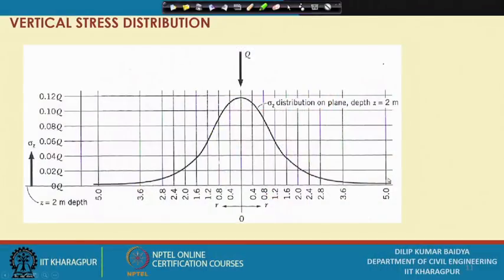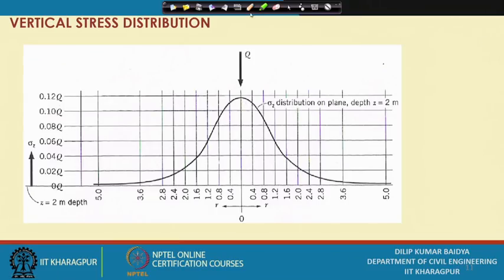Second observation is when z is fixed. That means the point load is applied at the surface, but I want to find out the stress at a 2 meter depth and from any distance from the point of application of the load.